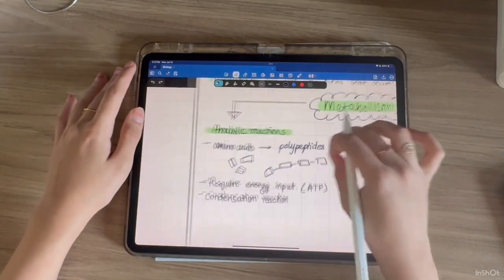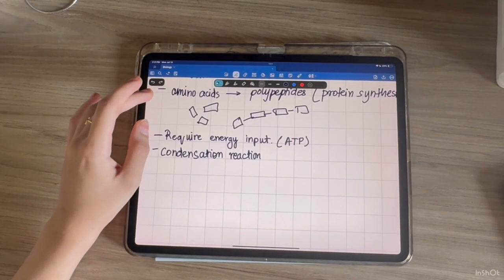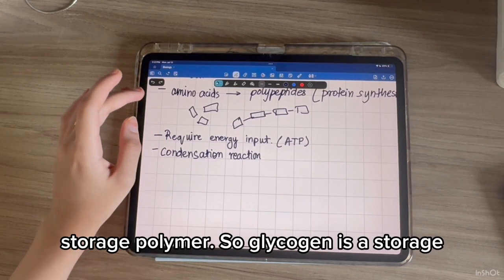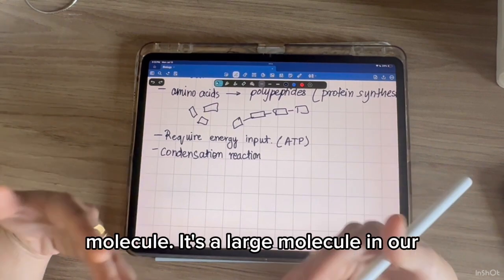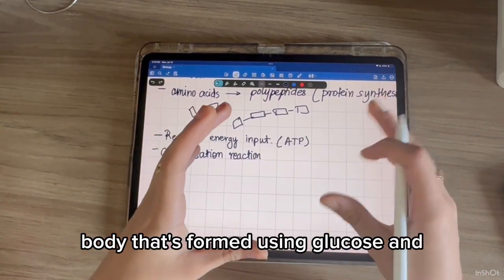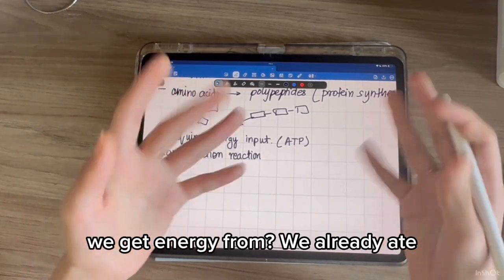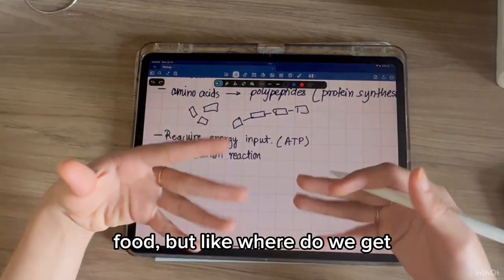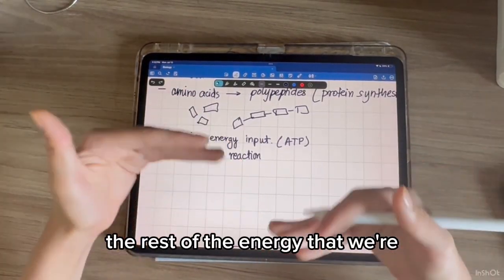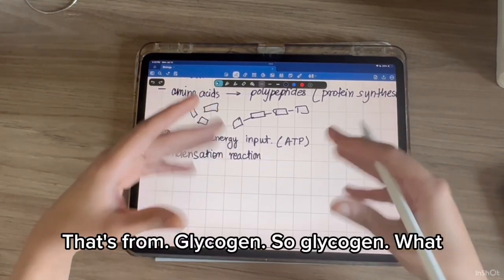Okay, next up we have glycogen formation, glucose into a storage polymer. So glycogen is a storage molecule. It's a large molecule in our body that's formed using glucose and stored. So when we exercise, where do we get energy from? We already ate food, but where do we get the rest of the energy that we're using when we're exercising from? That's from glycogen.